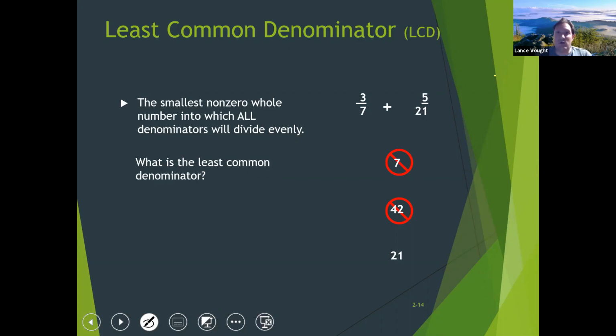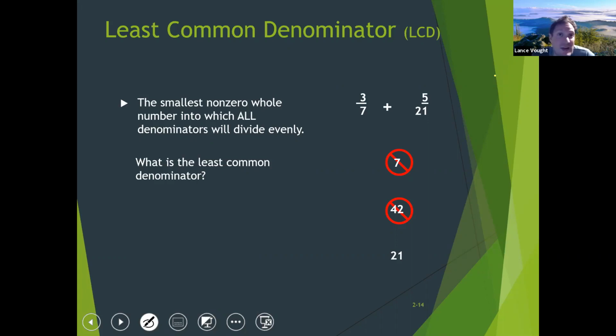So if we have a 21-slice pizza and we have 5 slices of that, and we have 3 slices of a 7-slice pizza, how much pizza do we have at the end of it? Well, the problem is you can't scale down 5/21, because 21 can go into 7 3 times, but 5 isn't divisible by 3.